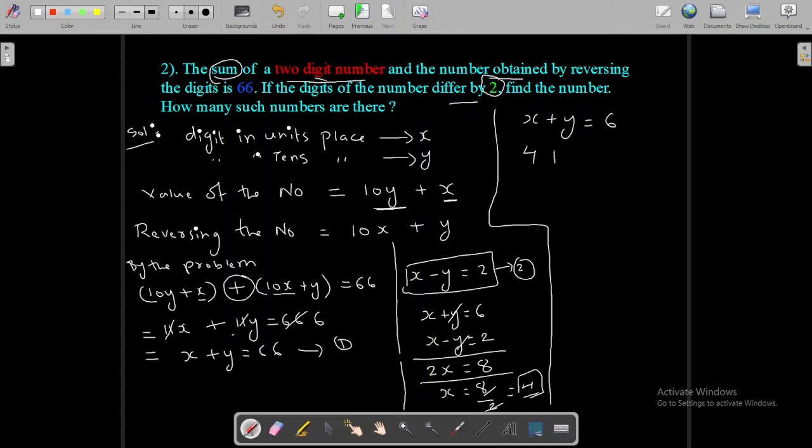So 4 plus y is equal to 6. That is nothing but y is equal to 6 minus 4. So I will get y is equal to 2. So this is my value of y and this is my x.